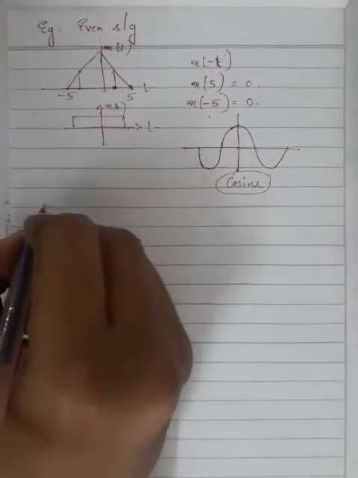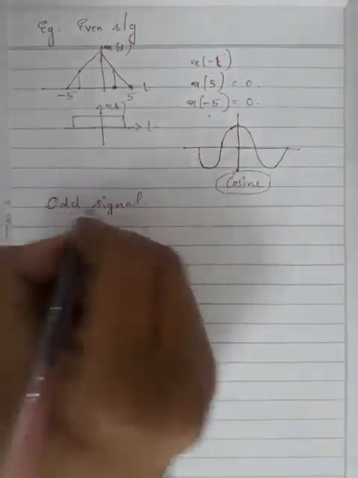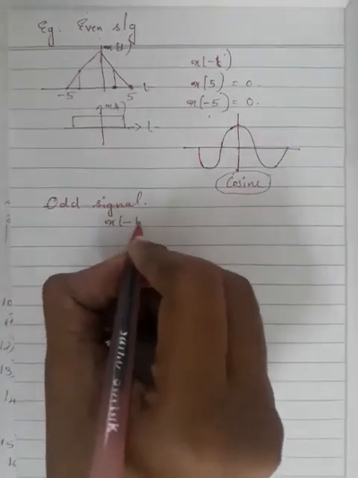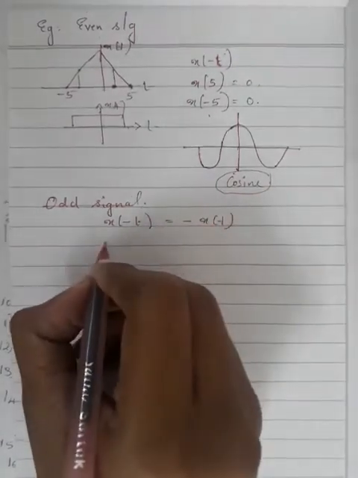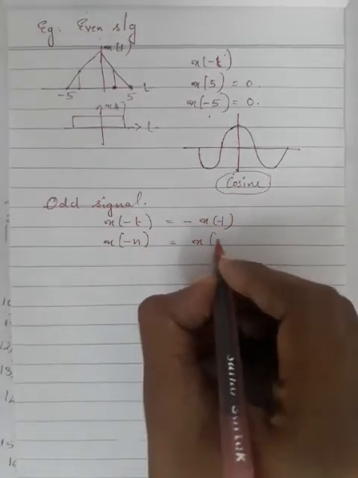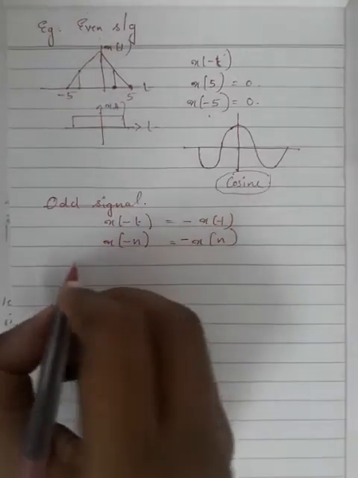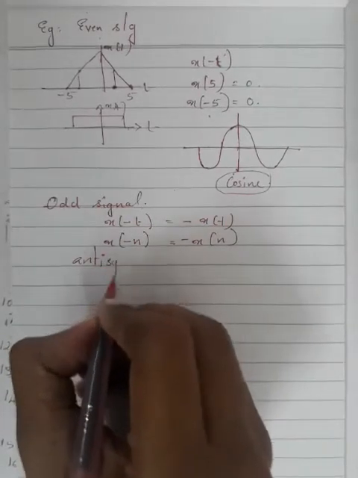Then what will be an odd signal? Odd signal means if we find x of minus t and it is equal to minus x of t, or if we find x of minus n and it is equal to minus x of n, we can say that it is an odd signal. So we can say that it is anti-symmetric.